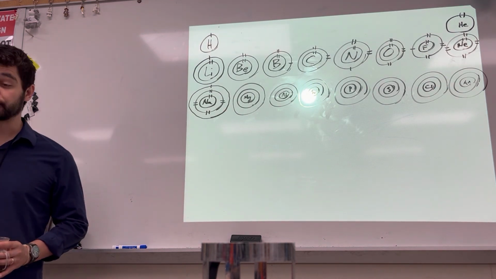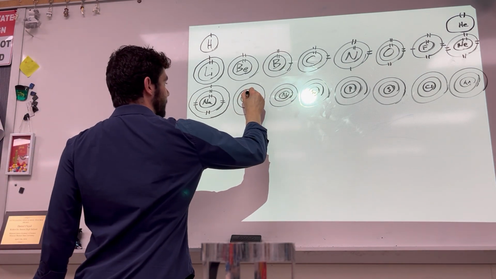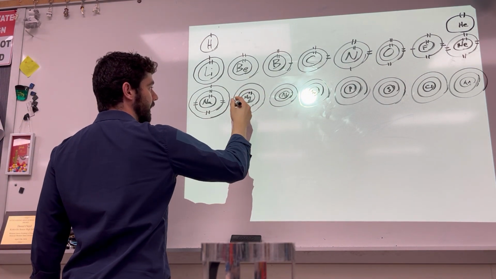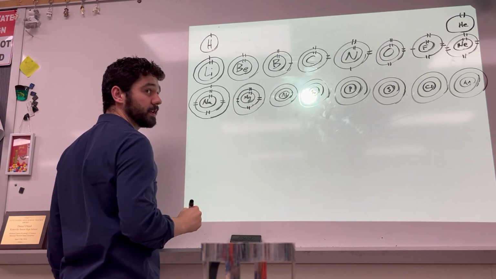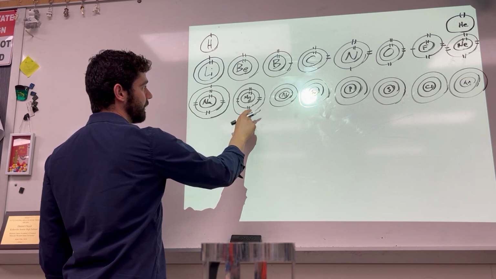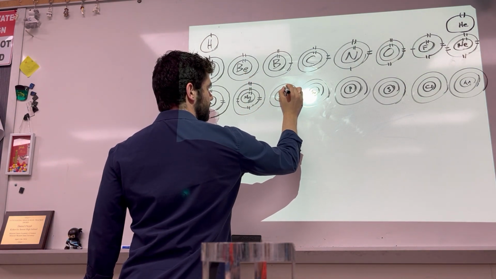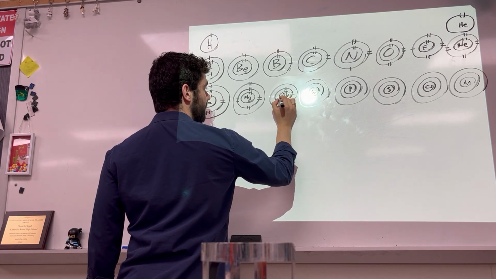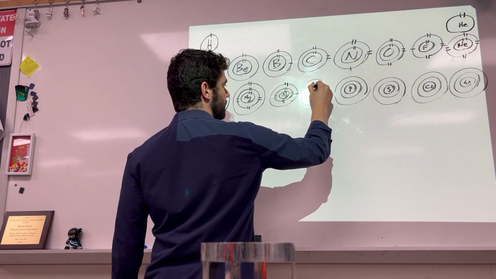I need to put my electrons in now, right? So I can fit 2 electrons on my first energy level, and I can fit 8 on the next one. Magnesium takes 12, so I need 2 more, right? So 2 there. It's the same pattern. I fill everything in, and in this row, I'm adding electrons to my outer energy level.